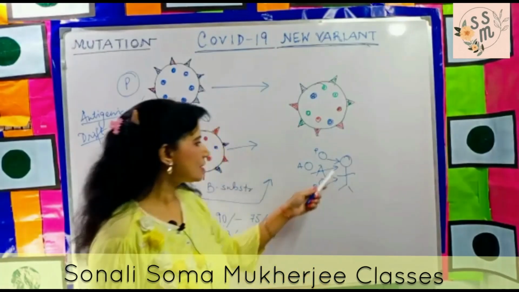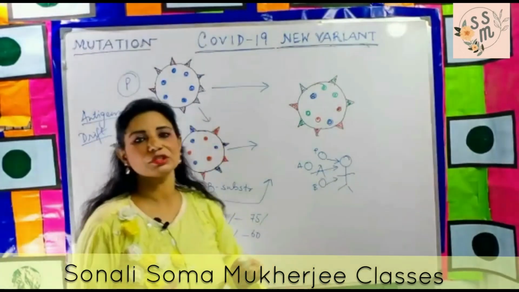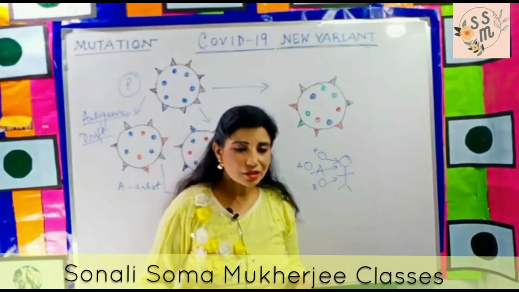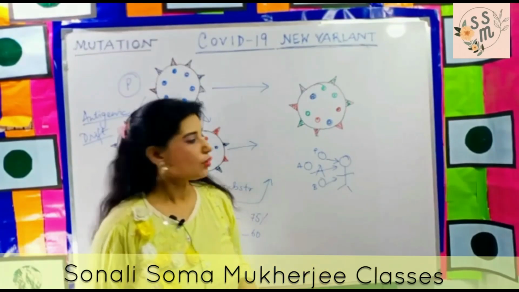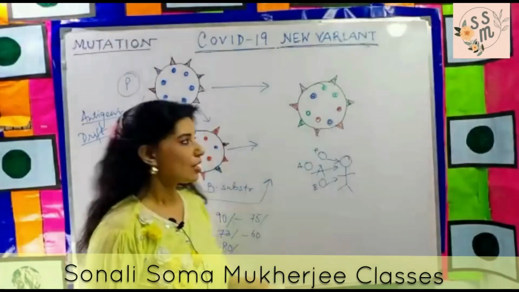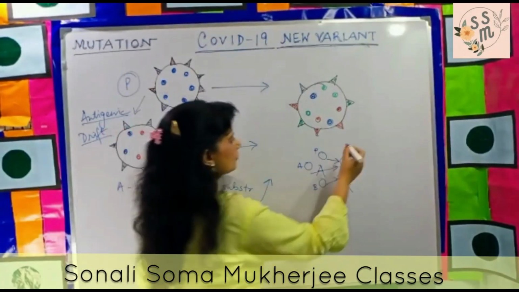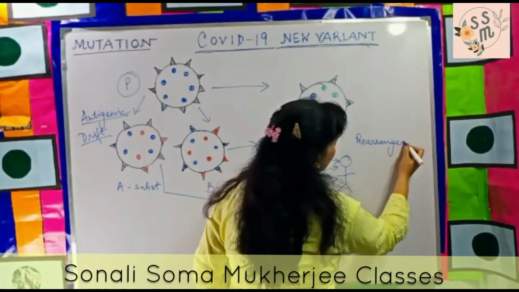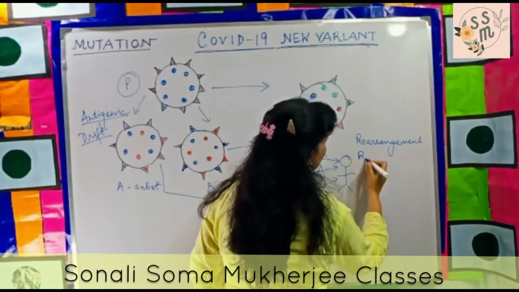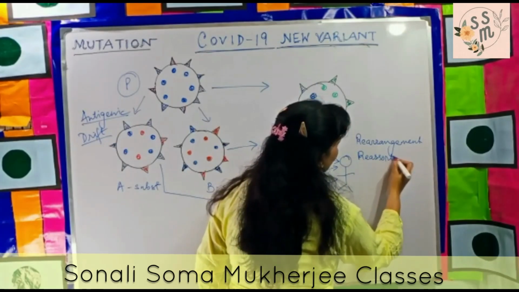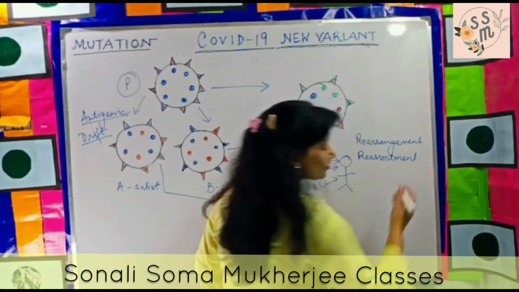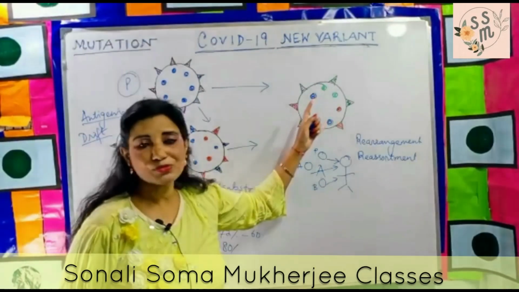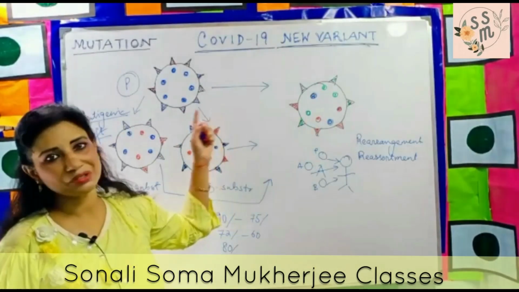In this case, it's not that the genetic material will be mixed up. No, there will be rearrangement of the genetic material of these substrains of viruses, and due to rearrangement, or reassortment also you can say, you will get to see a new virus coming up which is absolutely different from the parent strain.